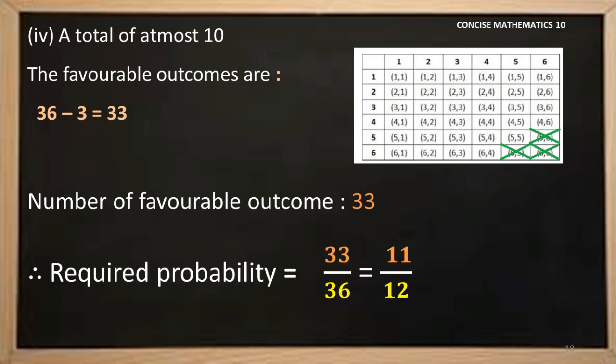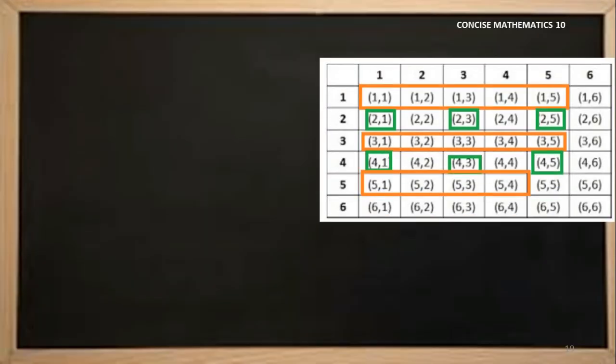And the last sub question, how nice the question is. An odd number on one dice and a number less than or equal to 4 on the other dice. See, children, only consider the first line: 1, 1, 1, 2, 1, 3, 1, 4.